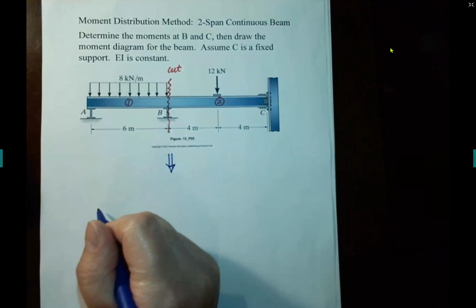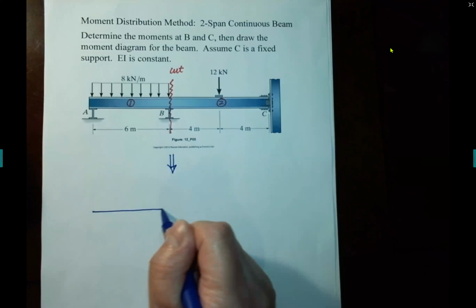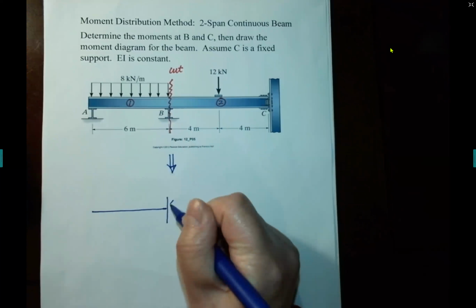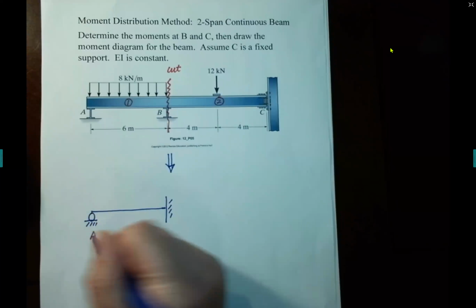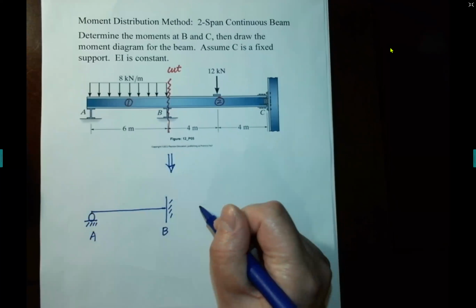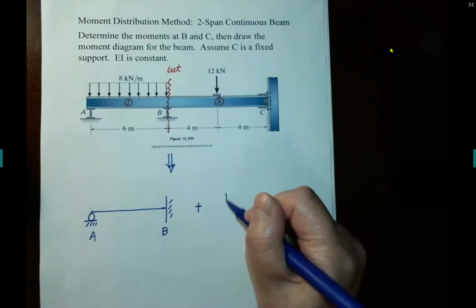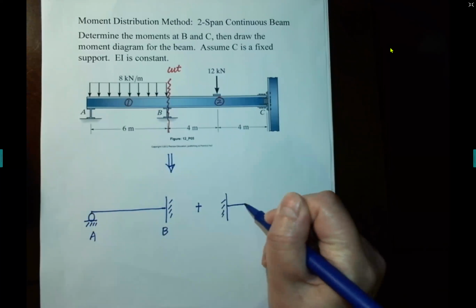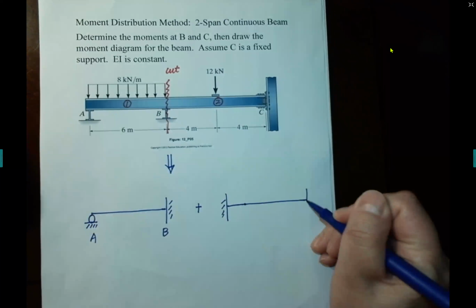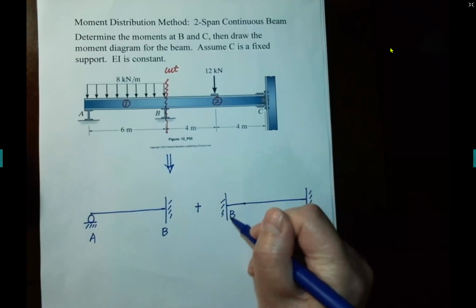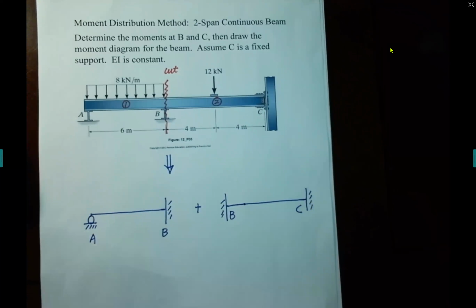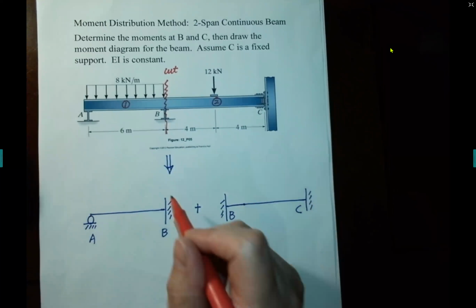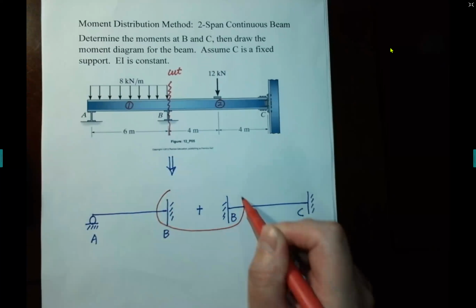The structure changes to beam AB plus beam BC. And we notice that we use fixed support to replace the original fixed connection. So this point is our approximation.